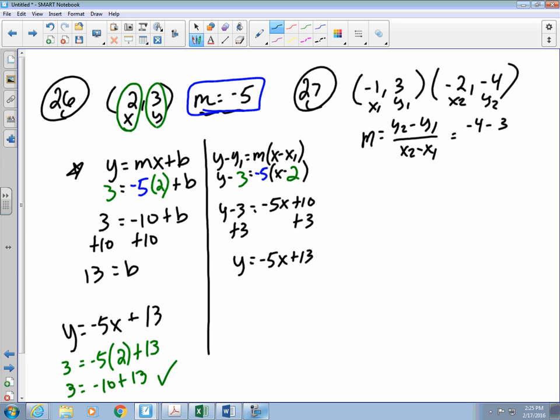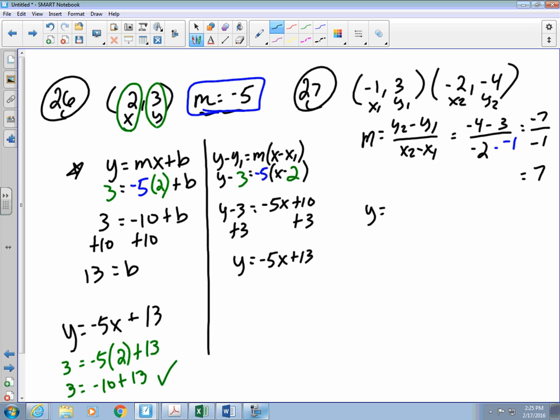Don't forget to watch for the back-to-back negative right here: the minus sign from the formula, and x1 is also -1. Very key, x2 minus x1. So I have -7 over -2 plus 1, which is -1. So +7, because I have two negatives. Negative divided by negative is positive, and 7 divided by 1 is just 7.